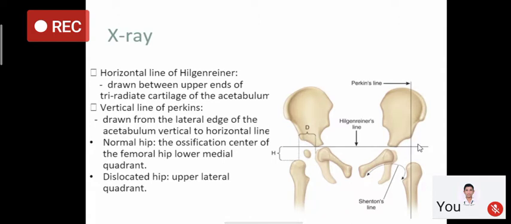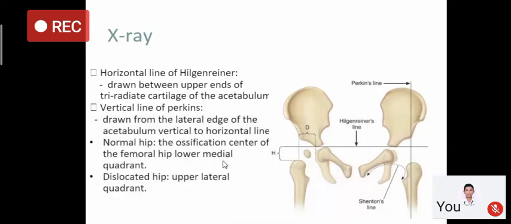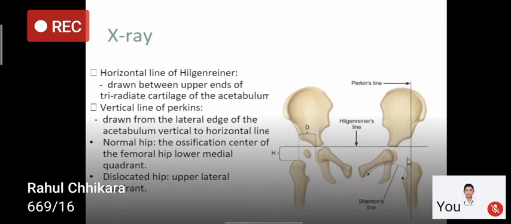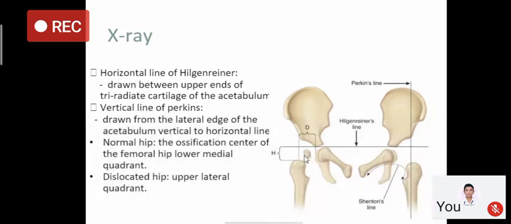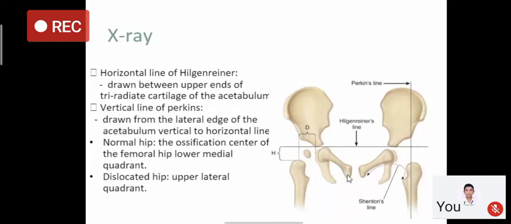So there become four quadrants. In a normal hip, the ossific nucleus of the femoral head is in the lower and medial quadrant. This is normal. If it is in the lower and outer, this is subluxation. If it is in the outer and upper, it is dislocated. And again, the Shenton line is broken.